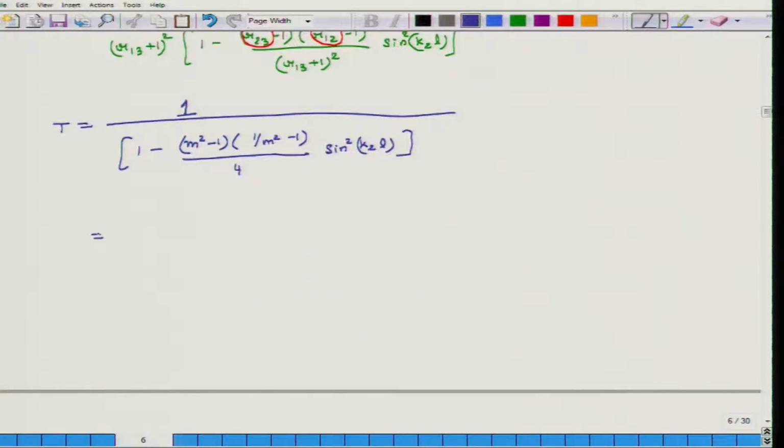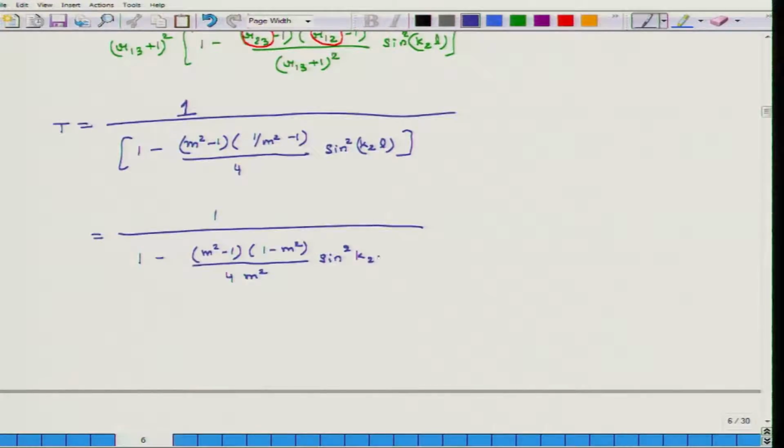I can write this as 1 over 1 minus (m square minus 1) times (1 minus m square) divided by 4 m square, times sine square k2L.